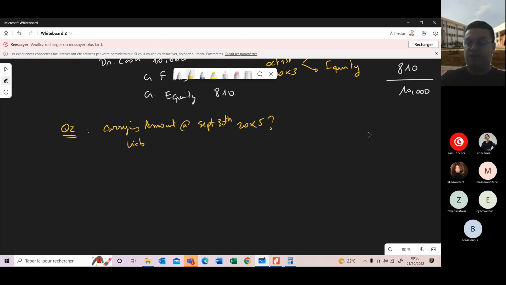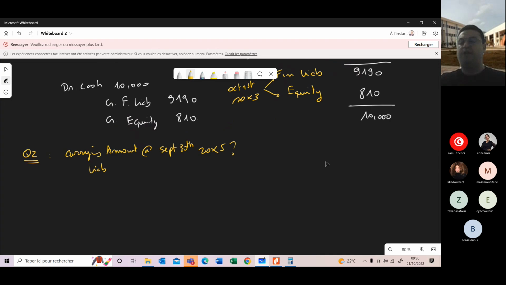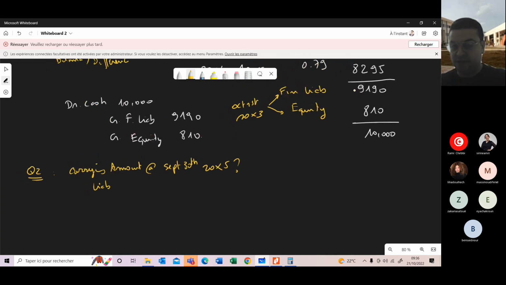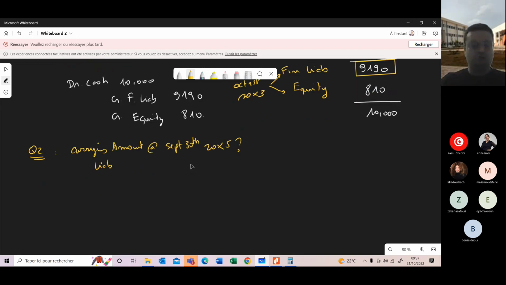Of course you have the initial recognition of the financial liability, which is 9,190. But now the question will be, what is the carrying amount at September 30, 20x5? I mean, 2 years later. What shall I do?